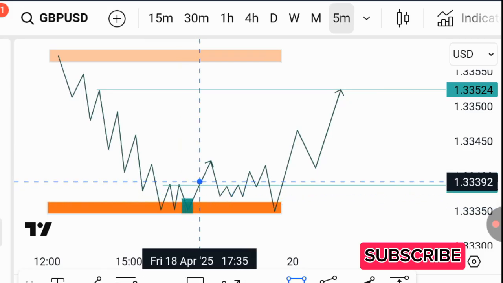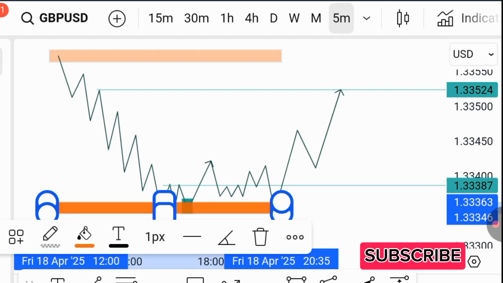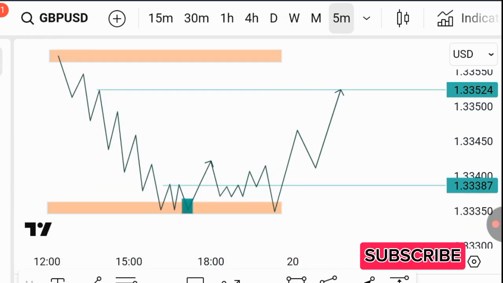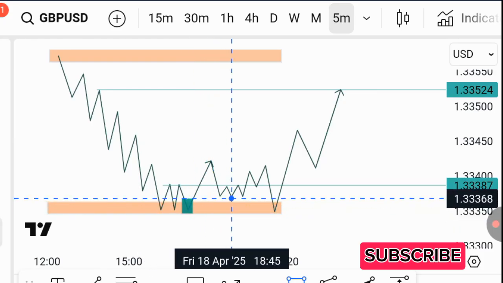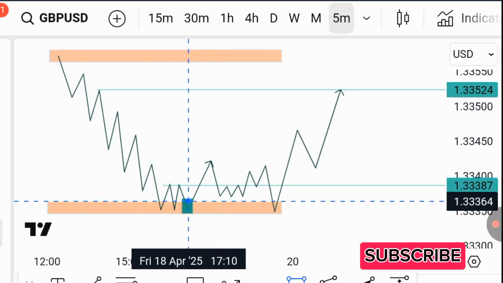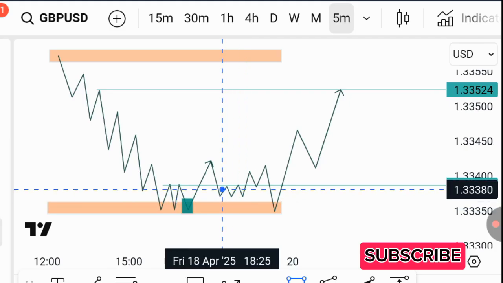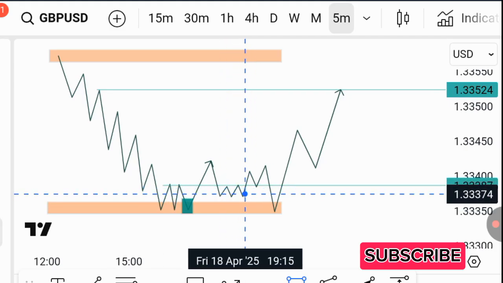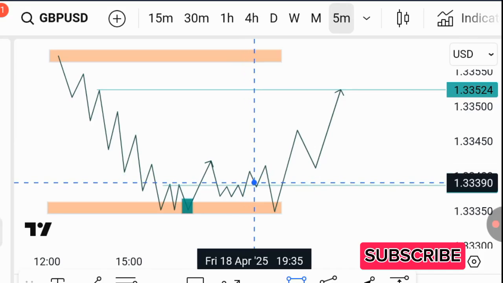There's possibility that there's an order block resting somewhere here. And because you're always in a hurry to make trade entry, you become a victim of liquidity, because price consolidated for a while here. It broke the resistance here, pushed up, and then retraced.